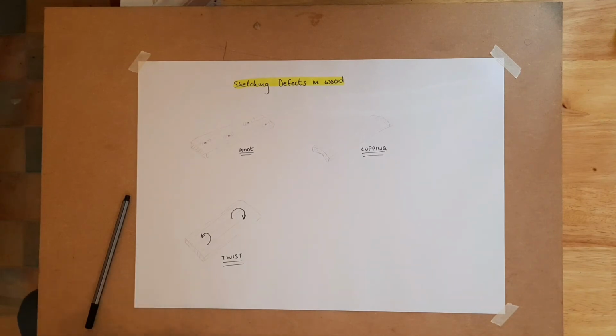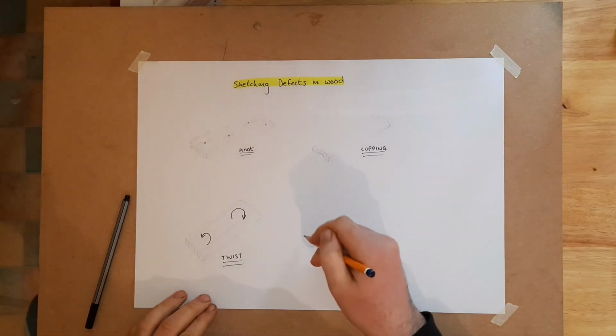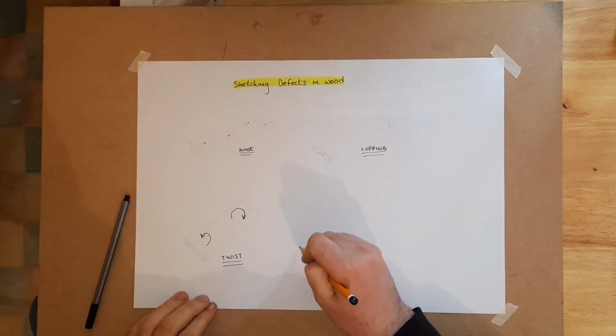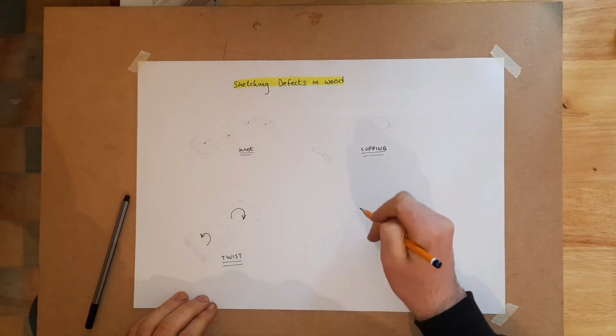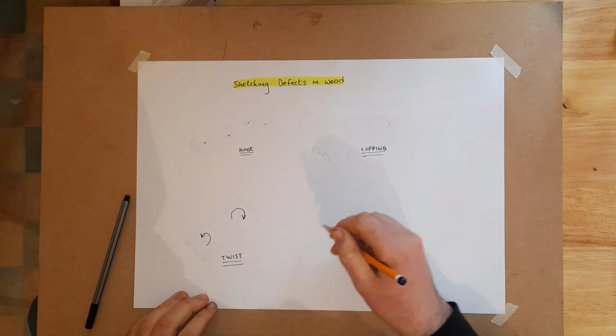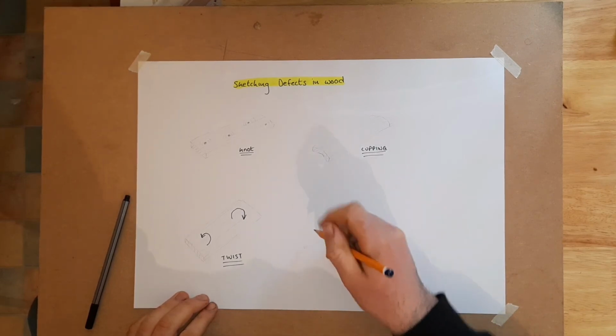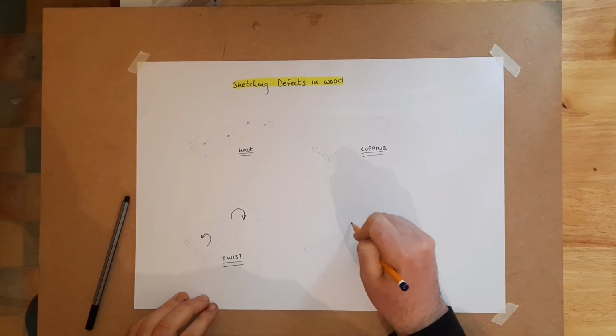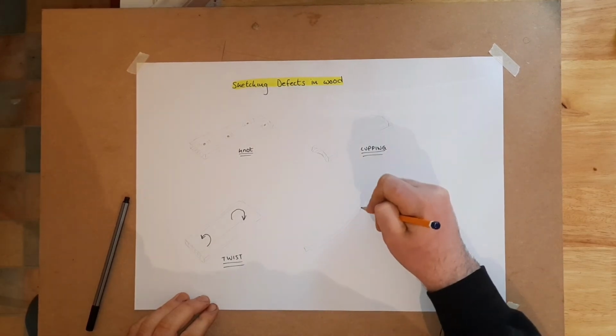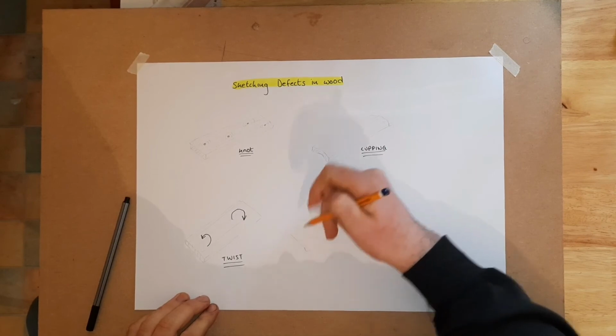But also another one, which is quite common, is we have bowing in our timber. So we can have our board like this, like so. And draw our other part.